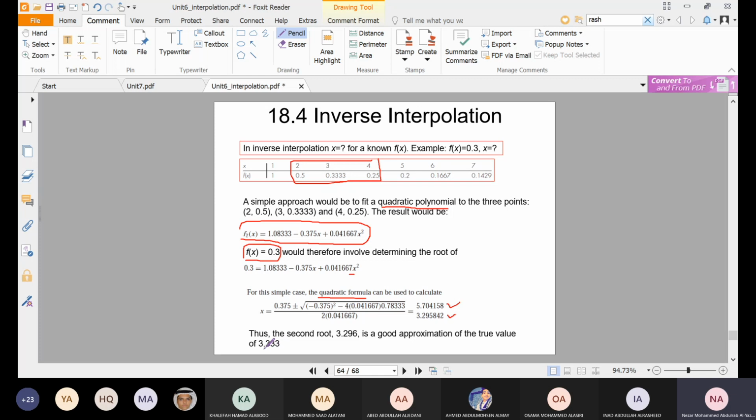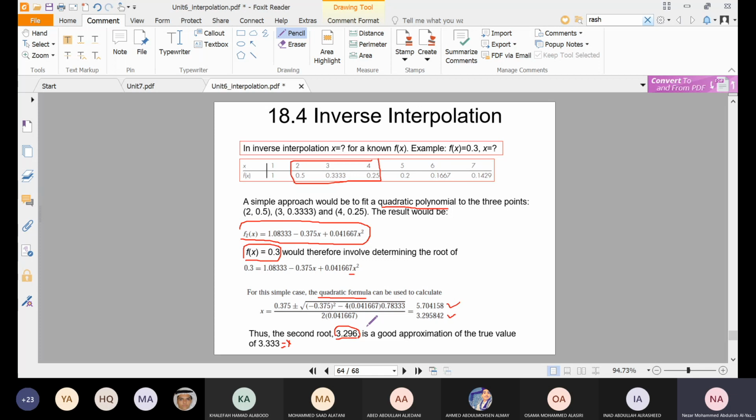This is the true value of x. If x is equal 3.33, the function will equal 0.3. So our approximation gives us this value.